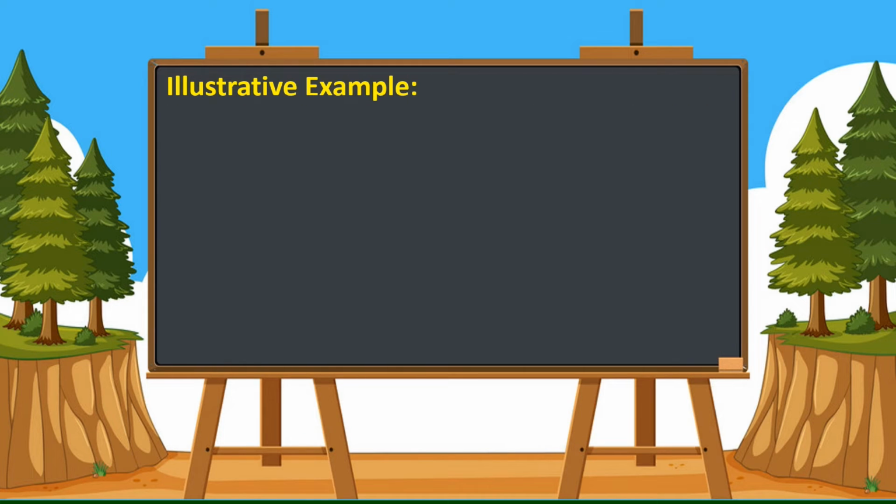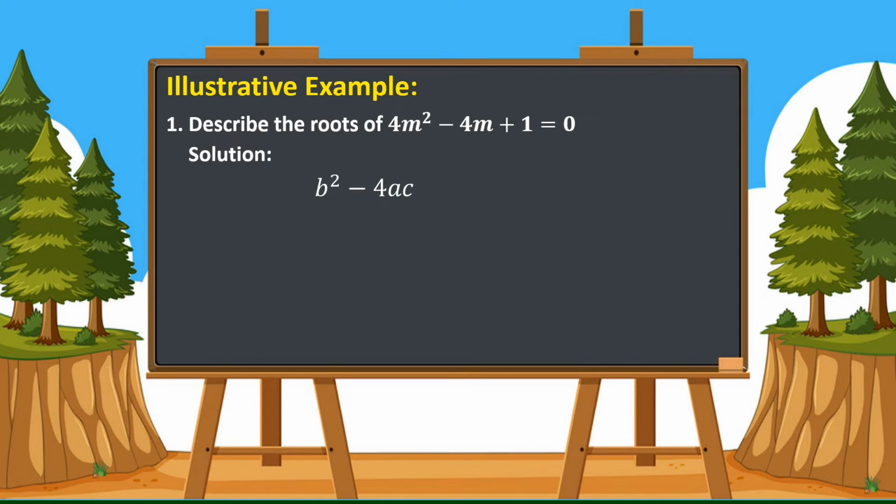Let's have illustrative example number 1. Describe the roots of 4m squared minus 4m plus 1 is equal to 0. First, we have here our discriminant, which is b squared minus 4ac.